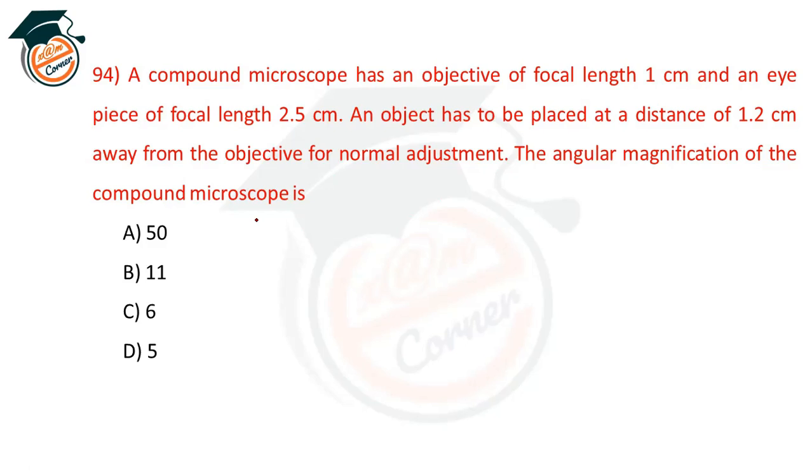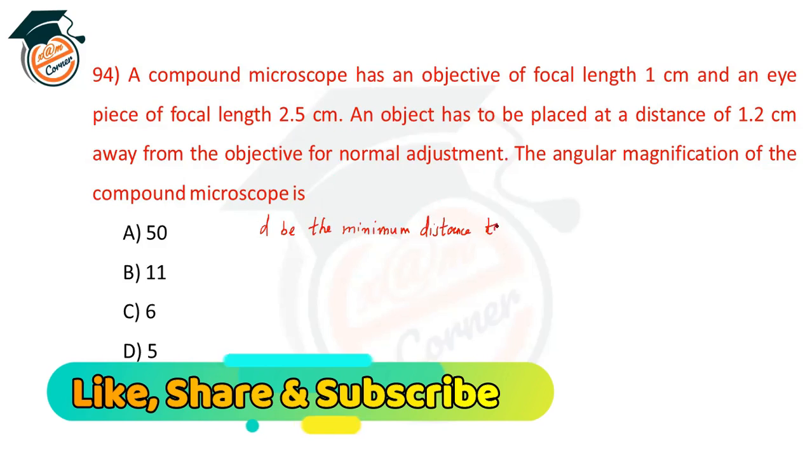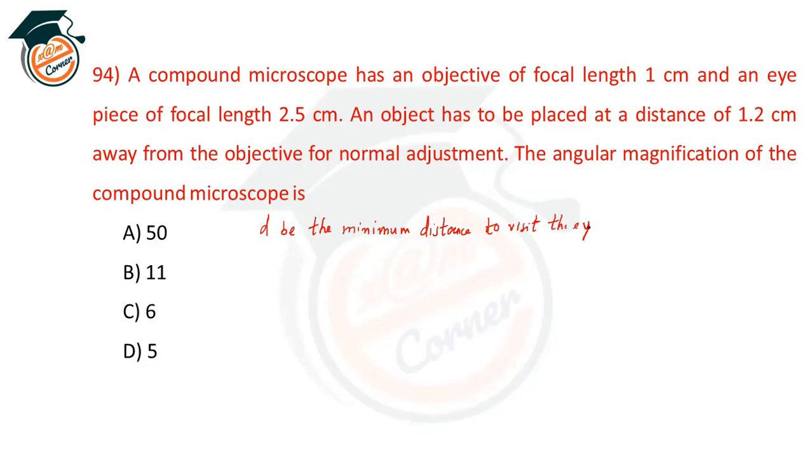We have to make an assumption. For example, assume D is the minimum distance of distinct vision for the eye. Then we know the focal length of the eyepiece equals to FE.